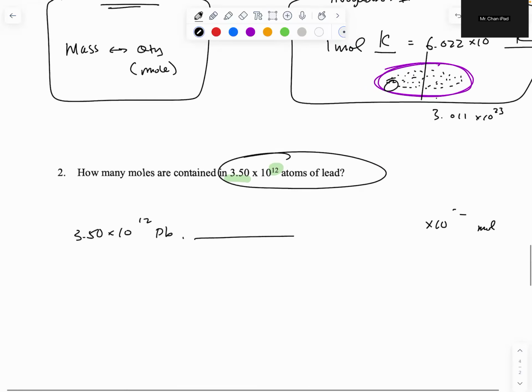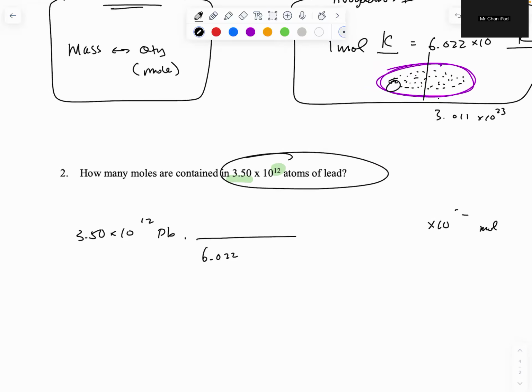It has to be the denominator for 2 reasons. Okay? Well, your teacher's reason is that we want mole, right? So we should have the mole number at the top. But my reason is, you know it's going to be less than 1 mole. If you put that 6.022 times 10 to the 23rd in the numerator, then you're going to get 10 to the 35th power. That's way more than 1 mole.